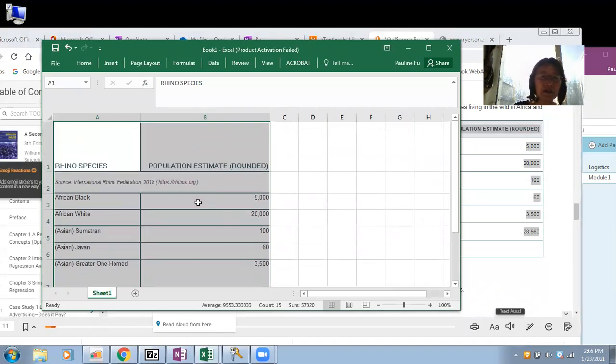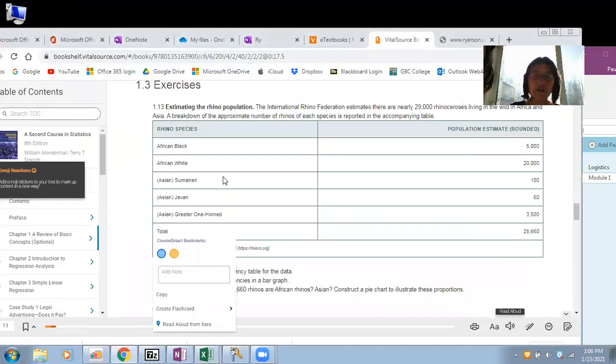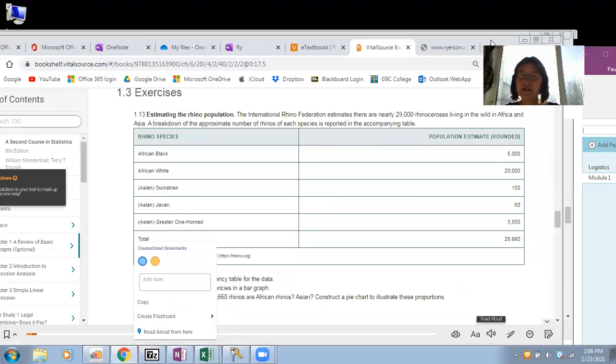All right. So what is the question here? The question asks you, the International Rhino Federation estimates there are nearly 29,000 rhinoceroses living in the wild in Africa and Asia.